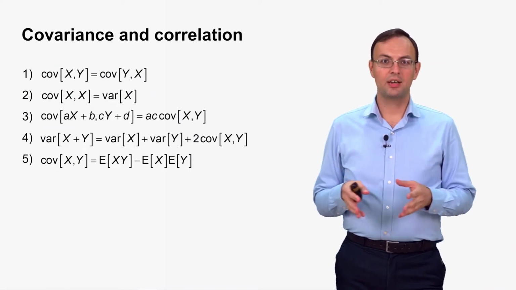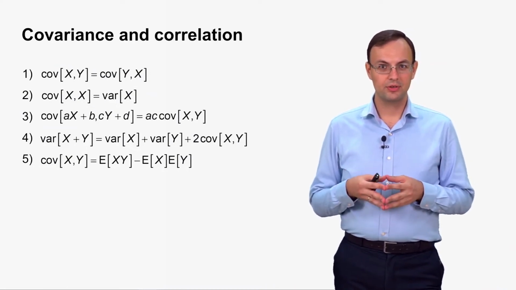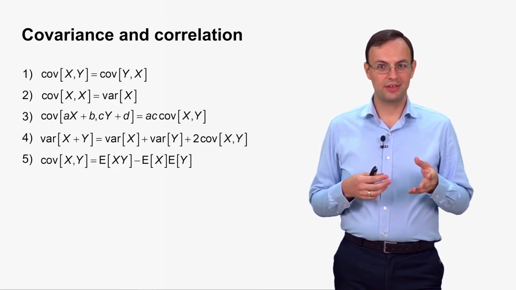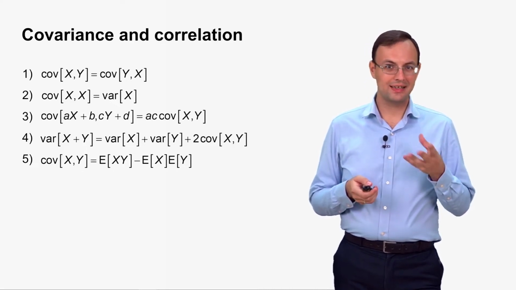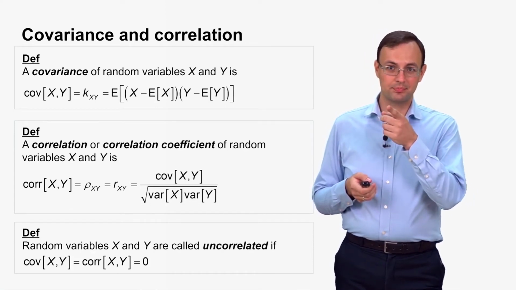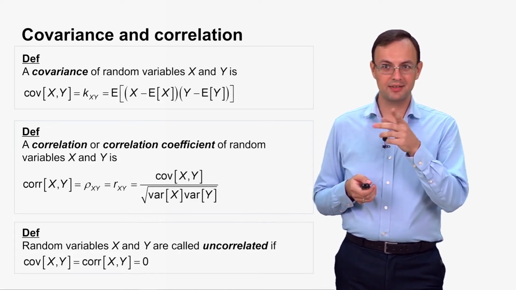These are the main properties of covariance and correlation. Covariance of x and y is equal to covariance of y and x. It can be easily seen just from the definition. We see that this is an expected value of x minus ex times y minus ey.